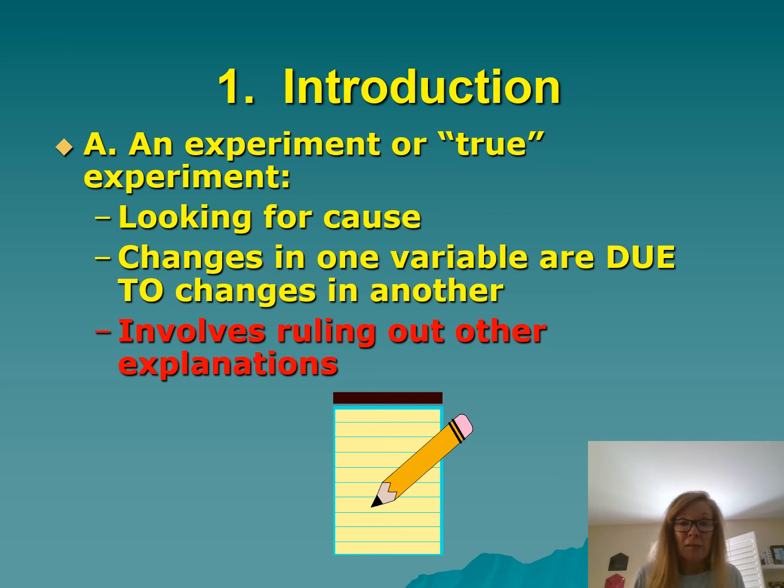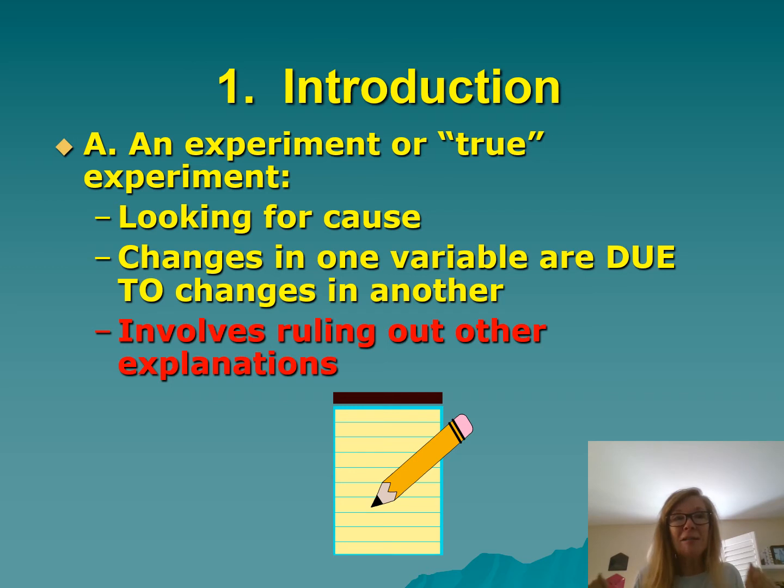In experiments, of course, we are looking for causes, and experimentation is the only research strategy that allows this. It cannot be shown simply through the measurement of variables, which is what happens in a correlation. As a result, in experimentation, we are looking at changes in one variable and examining whether those are due to changes in another variable.